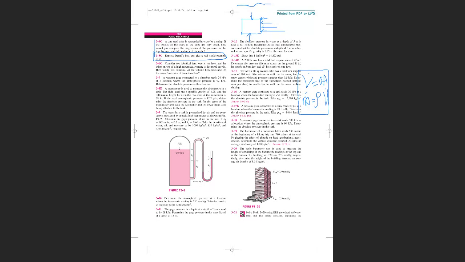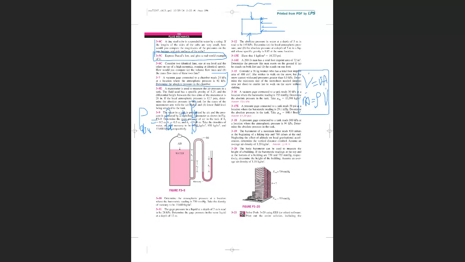Question number 7. It says a vacuum gauge connected to a chamber reads 24 kPa at a location where the atmospheric pressure is 92. Determine the absolute pressure. Be careful. We said there is one relation. P absolute is equal to P atmospheric plus P gauge minus P vacuum.